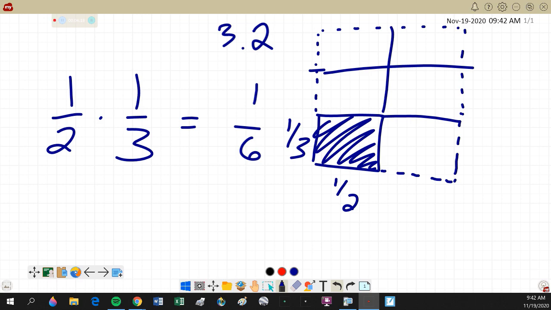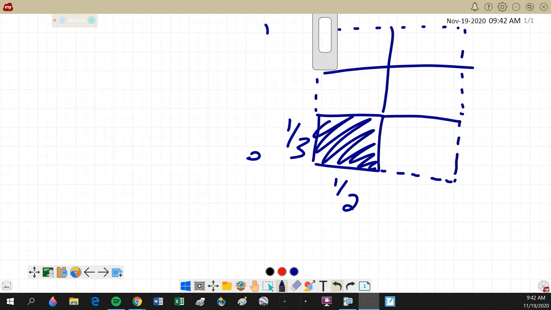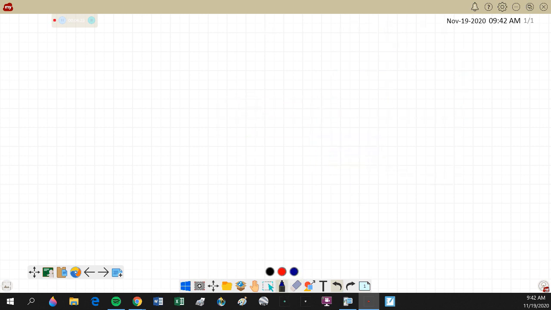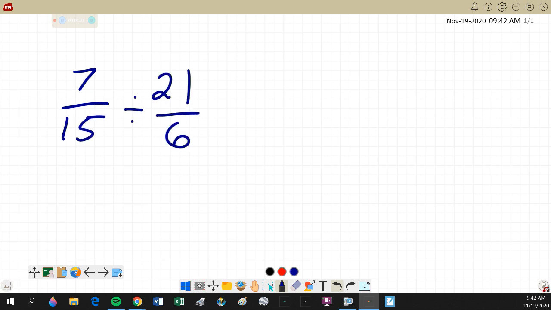All right, what if we do division? So what if we had 7/15 divided by 21/6? How do we divide fractions?